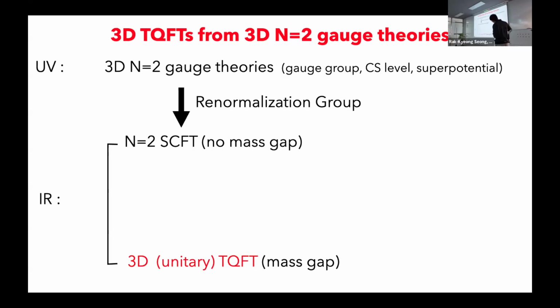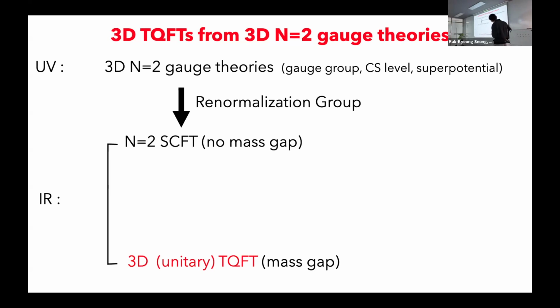When there is no mass gap, then this theory generically flows to 3D N=2 superconformal field theories. And if this theory has a mass gap, then it flows to three-dimensional unitary TQFTs. These are the mass gap cases.